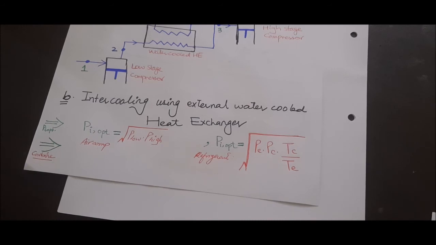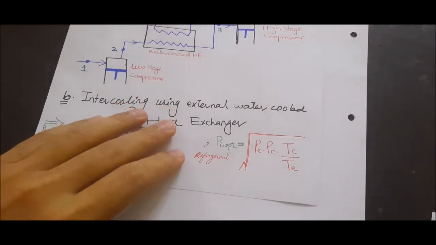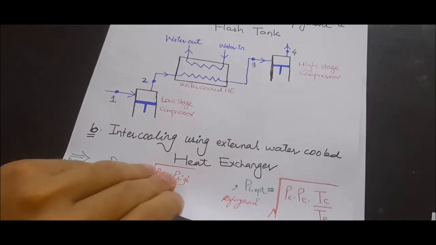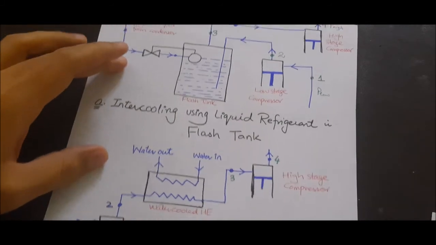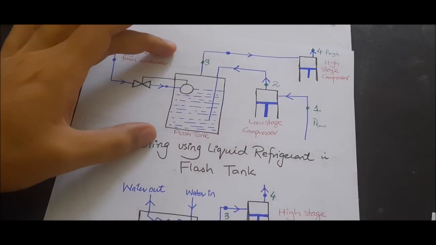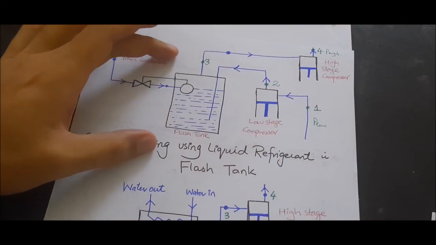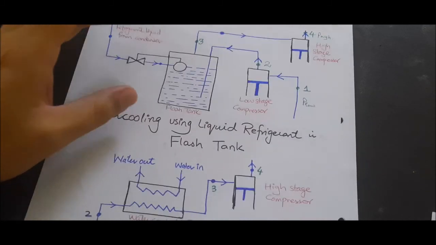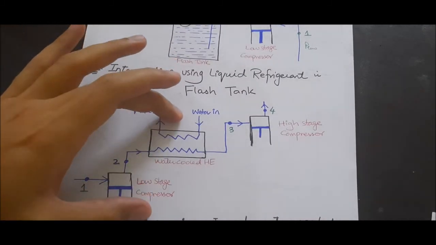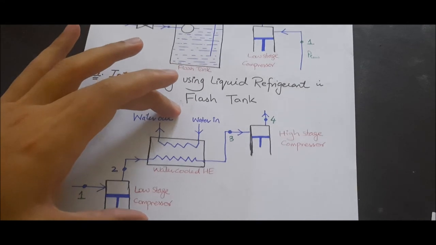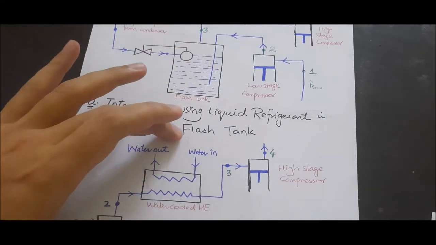We can also use both the flash tank and the heat exchanger in combination. We can use them separately, like the flash tank alone, or the heat exchanger alone, but we can also use both of them in the same process.